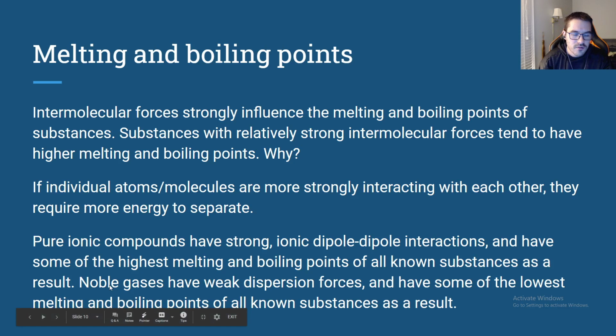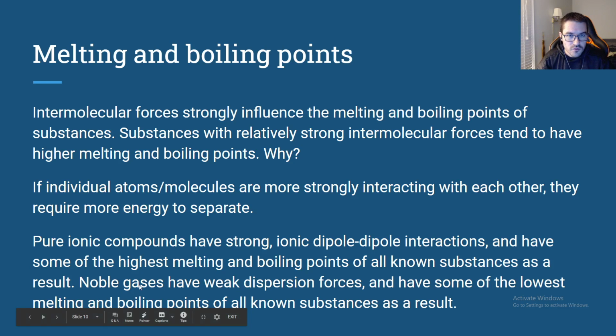Noble gases don't bond at all. As we've seen in the previous unit, you can make some compounds with noble gases, but not many. So noble gases, which generally don't bond, only have those weak dispersion forces, those temporary dipoles and induced dipoles.